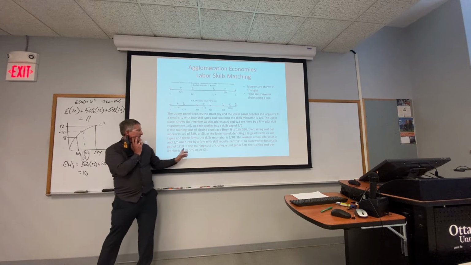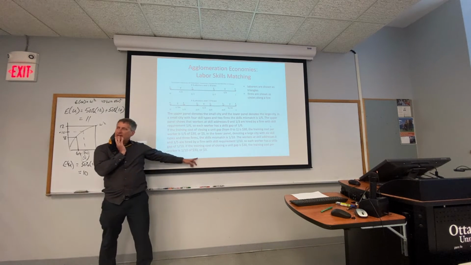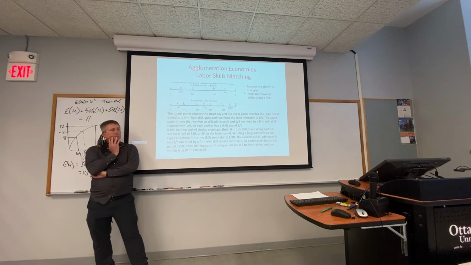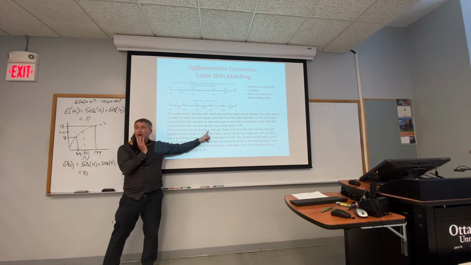Okay, so what's the math going on here? So are you guys seeing that? Because that skills gap, the 1/10 of 30 is $3. Same with the 1/6 of 30 is $5. And this is in the smaller city, right?